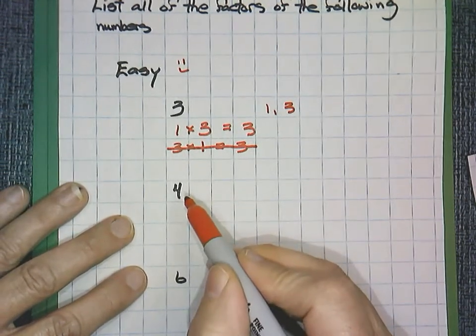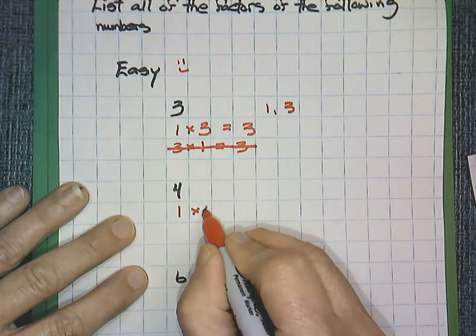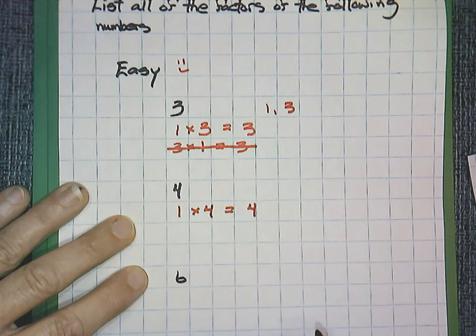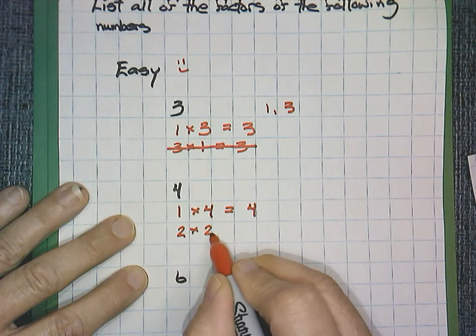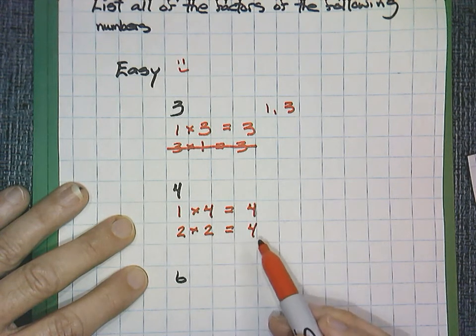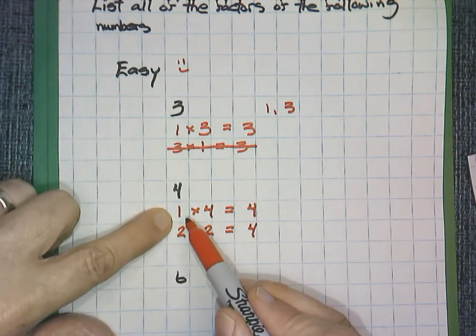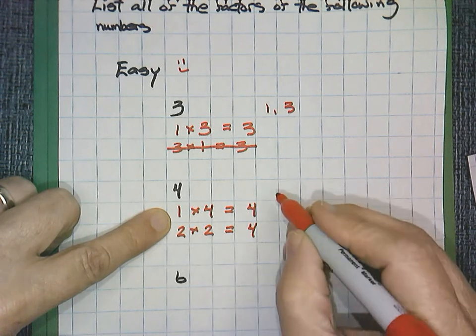4 is also a pretty easy one. 1 times 4 is equal to 4, but we could also say that 2 times 2 is equal to 4, and there are no other ways to get to 4. So I'm going to list my factors. Remember, we want to list them in order of value from left to right.